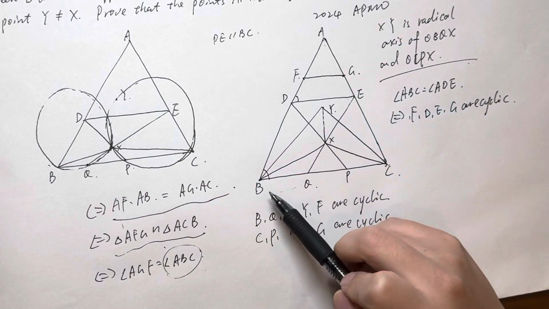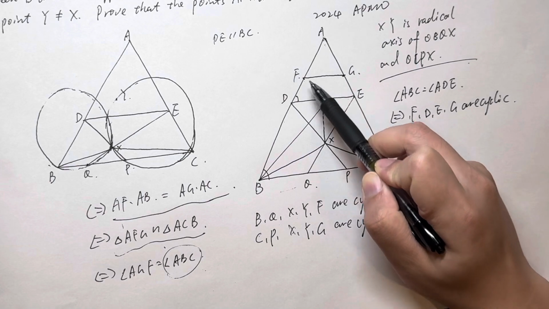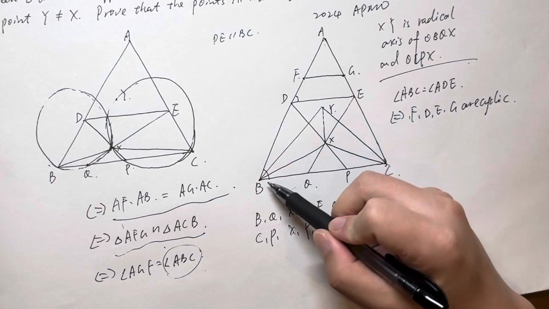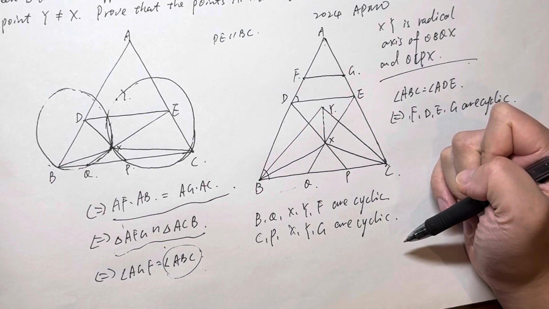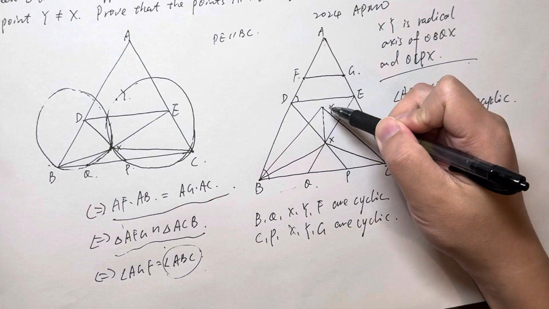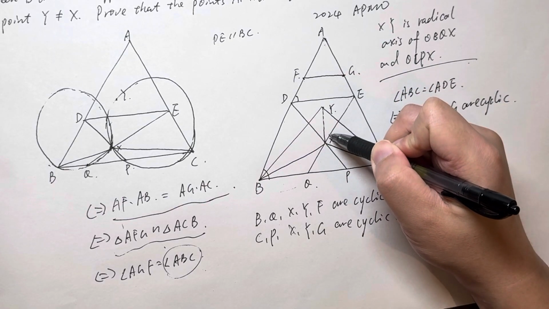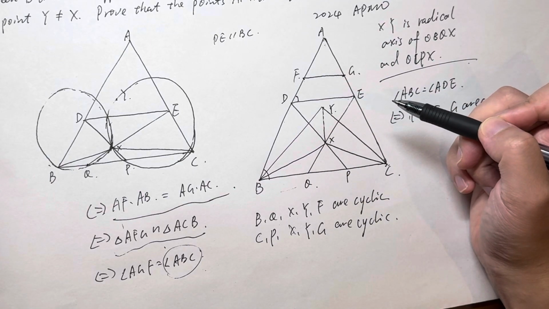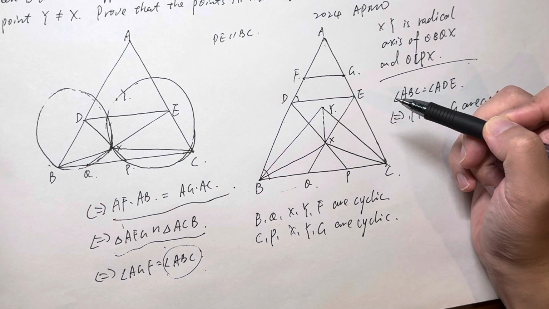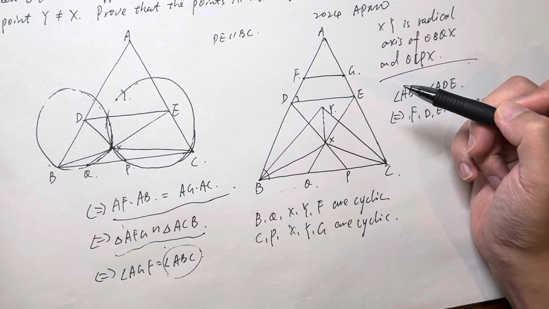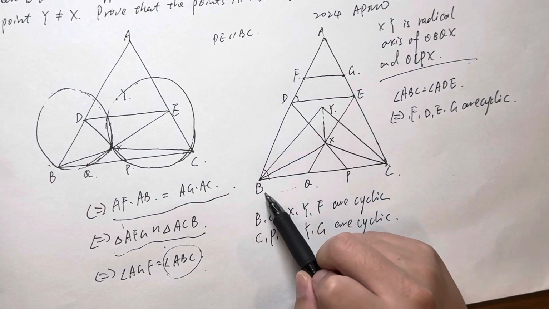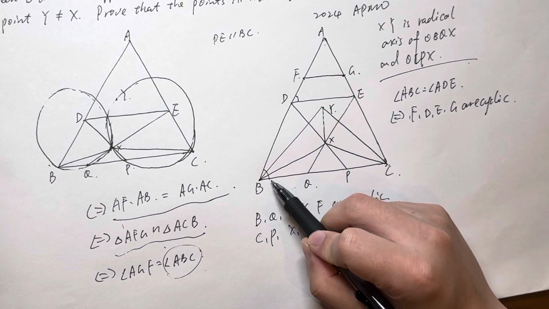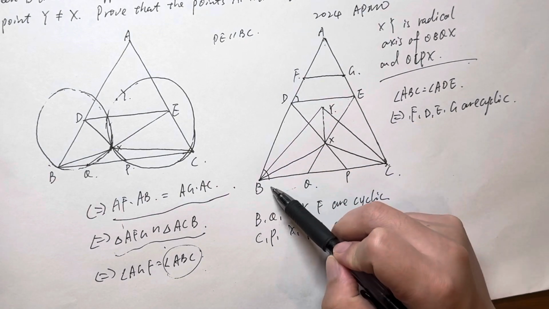We already know that B, Q, X, Y, F are cyclic. That means B, Q, X, Y are cyclic, which means the angle YXE equals to angle... let's do another way, because we still want to find the angle related to the angle FBQ.